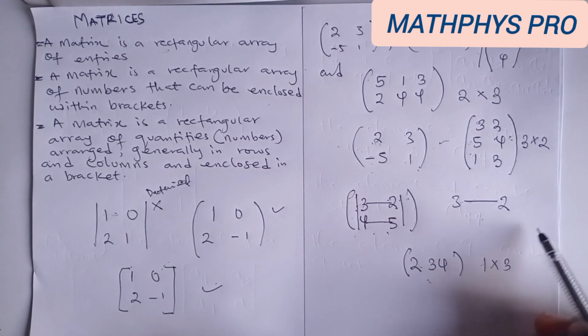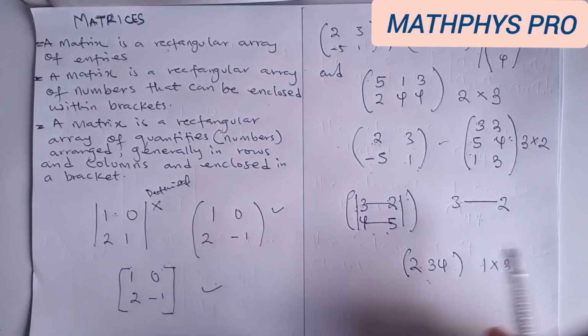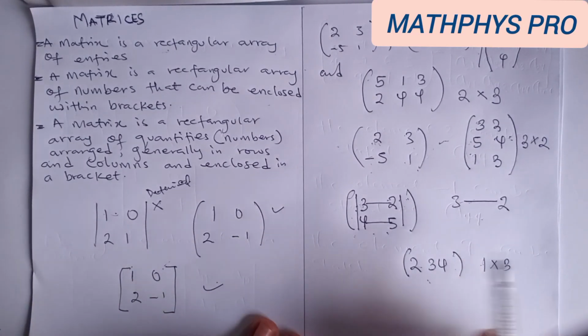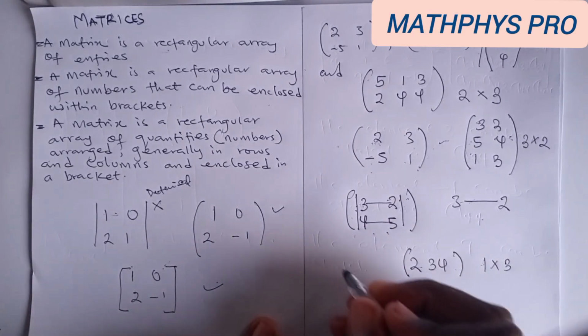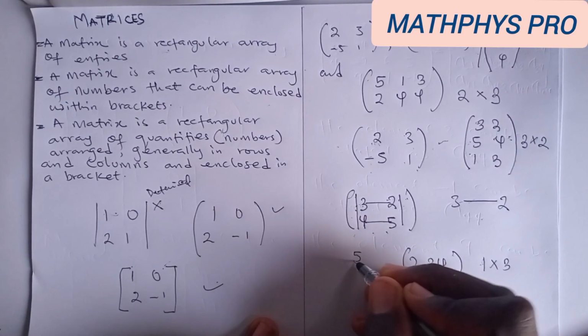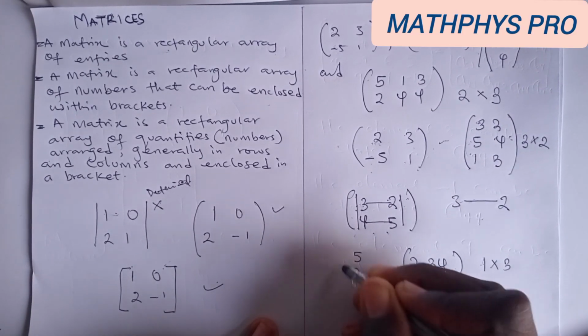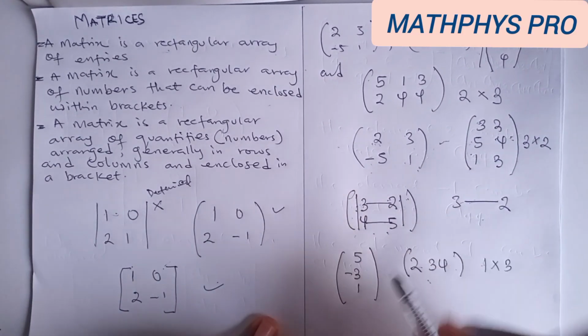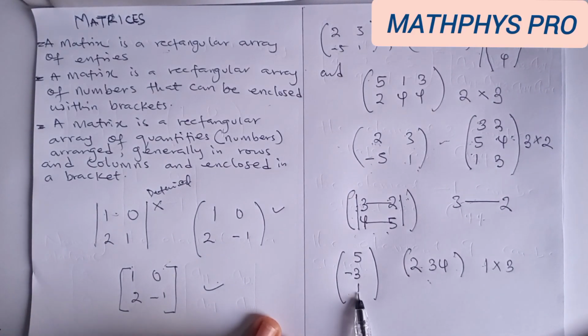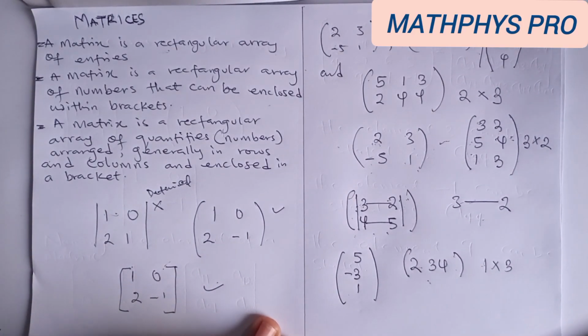Similarly, a matrix with only 1 column of elements is called a column matrix. This is the way you write such a matrix. A matrix like this is called a column matrix, because it has just 1 column and 3 rows.